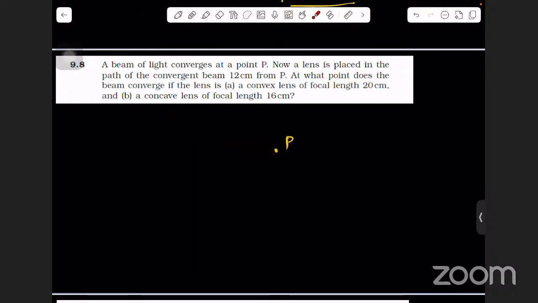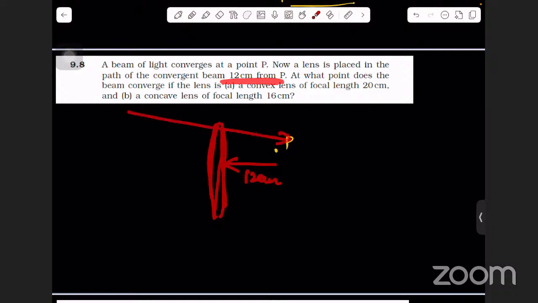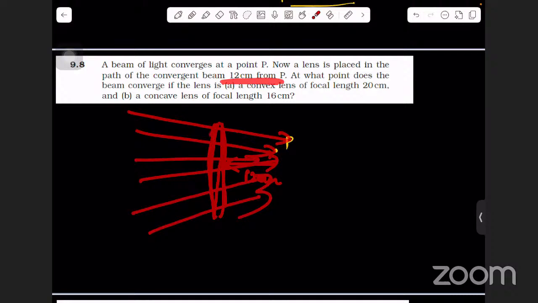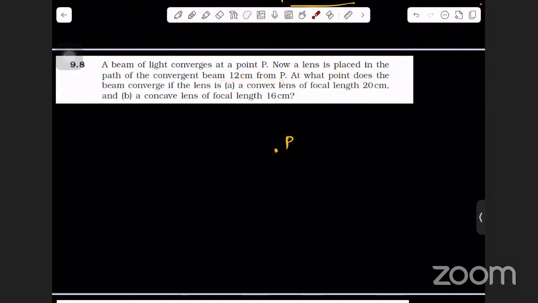Now, a lens is placed in the path of the convergent beam 12 centimeters from P. This is the beam, and in its path I keep a lens. At what point does the beam converge if the lens is a convex lens and if it's a concave lens?